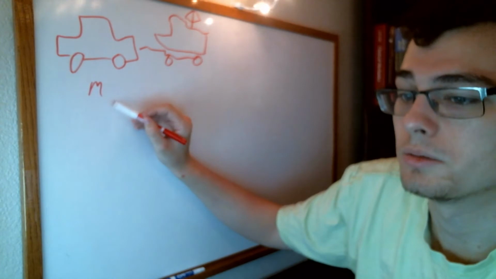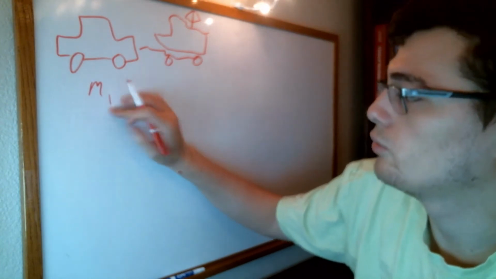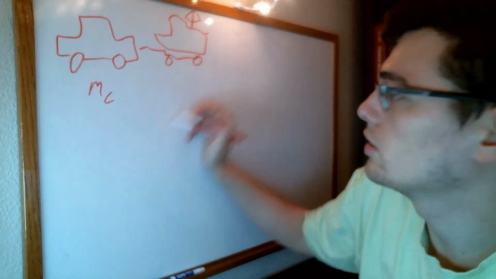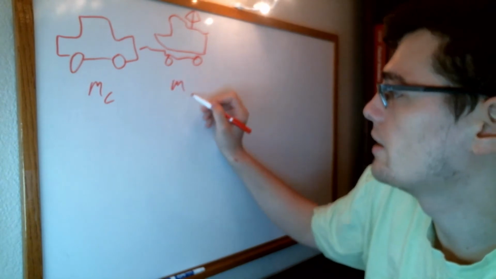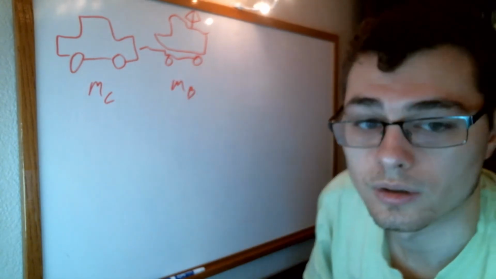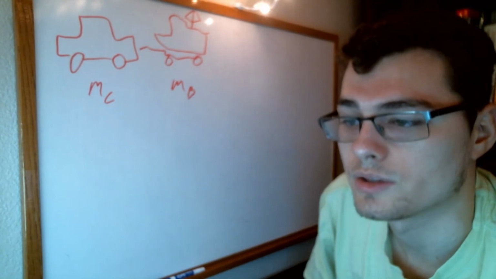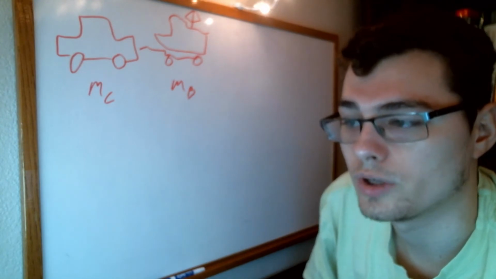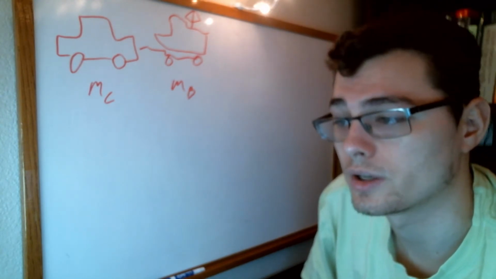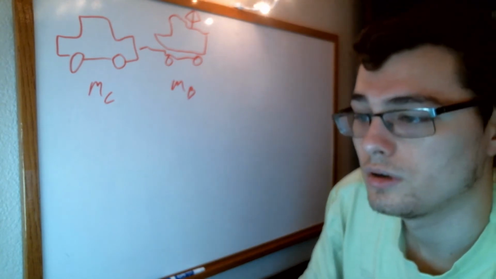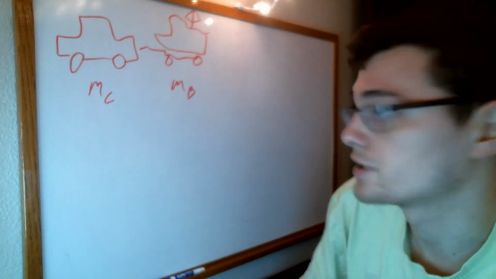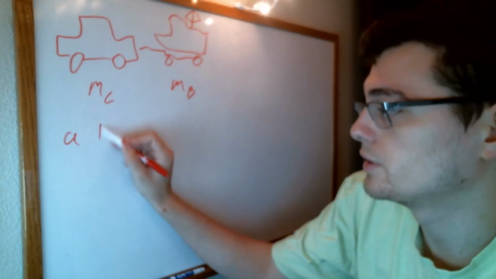We're going to label that M1 or MC, M car, and then this is going to be M boat or MB. And so we say that the car exerts a certain force on the road and produces a certain acceleration. So we know what A and F are.